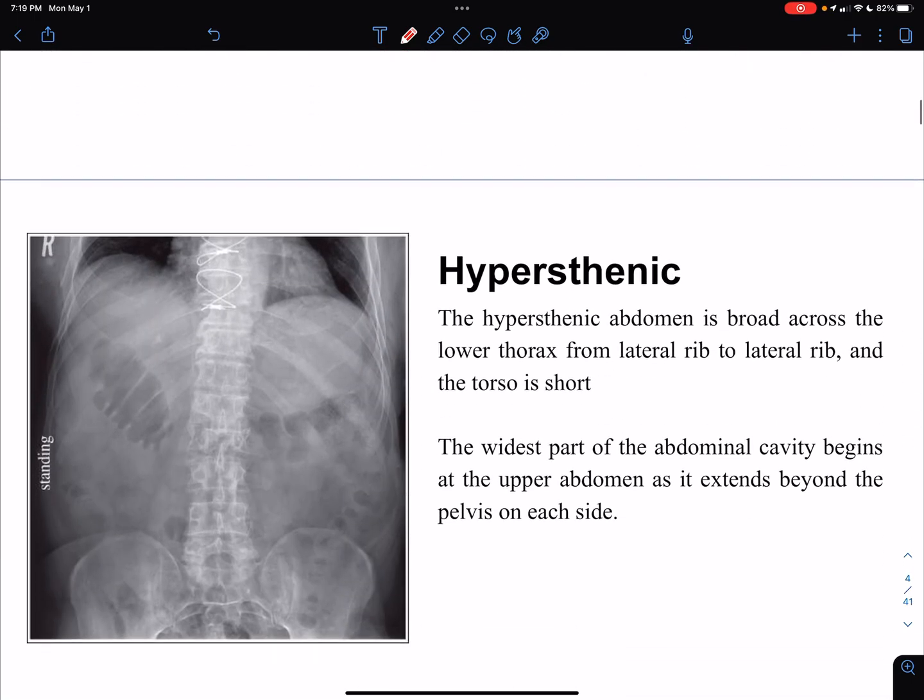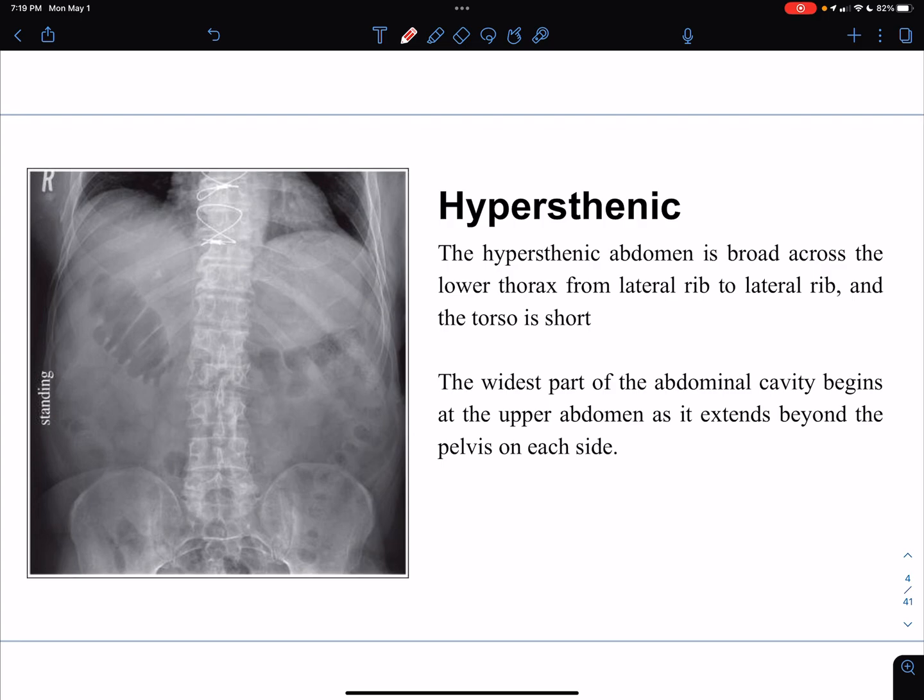So the ribs and the body habitus, I think we discussed this when we did abdomens, like when we were doing KUBs. But just remember that the hypersthenic patient, the abdomen is going to be broad all the way across the lower thorax. So what I'm talking about is like right here. Here's our lower thorax. And you see how broad it is?